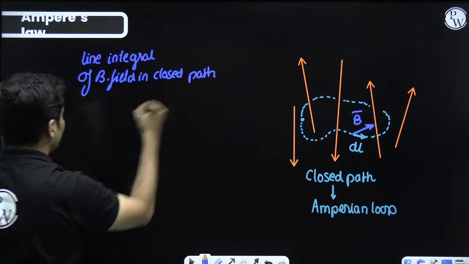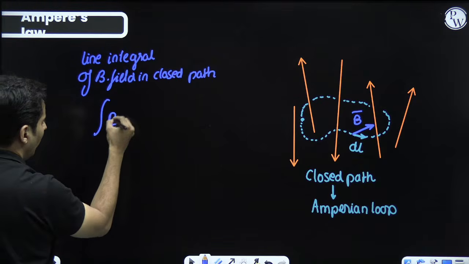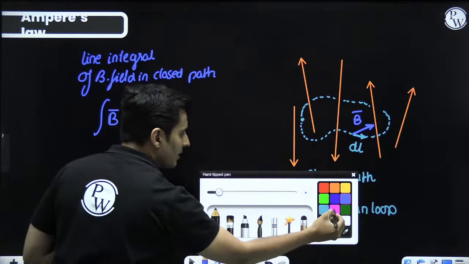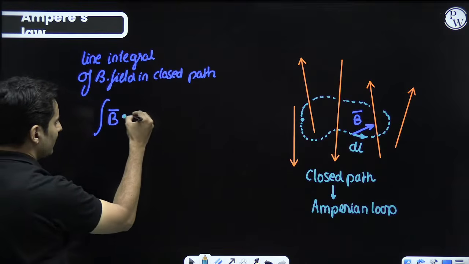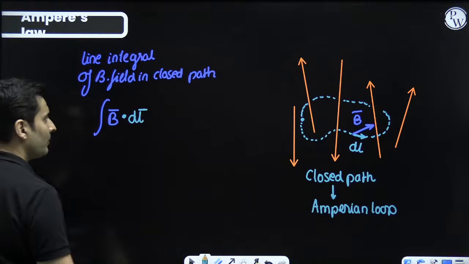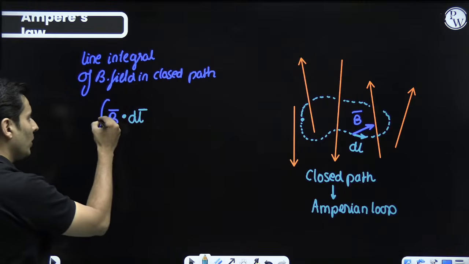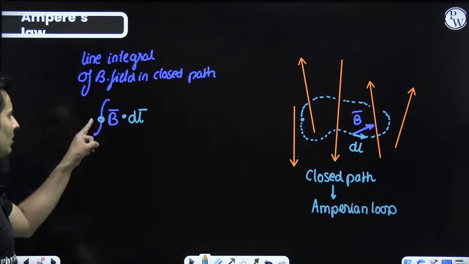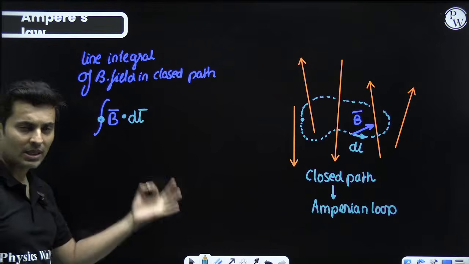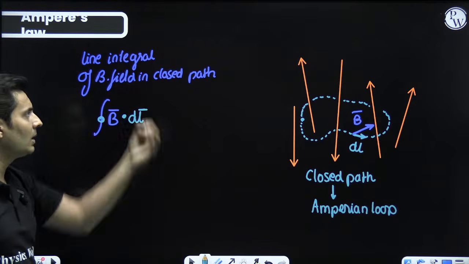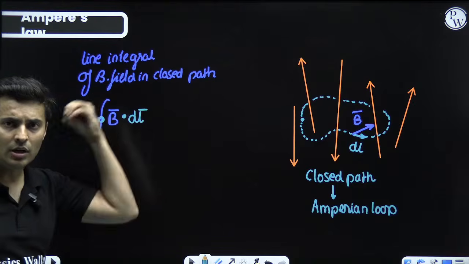The line integral means integration of the magnetic field dot producted with the length that you are traveling. But since it is a closed path, you put this symbol, closed line integral. That is the meaning of line integral of the magnetic field in the closed path.